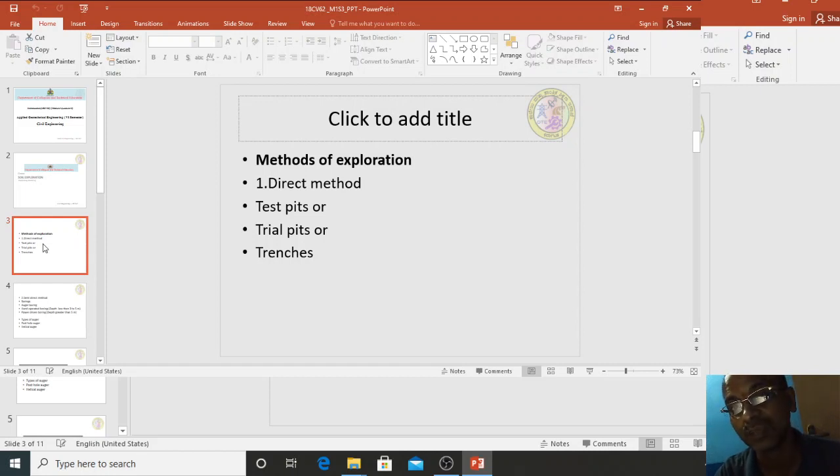Therefore, it has to be restricted to 3 meter depth from natural ground level. That is point number 1. Point number 2: if the soil is not self-sustaining in open excavation, then caving in will be the main problem. Hence, the maximum depth is restricted to just 3 meter only.